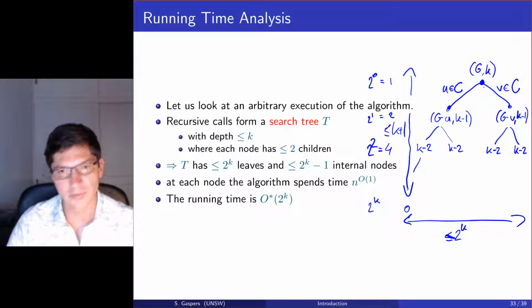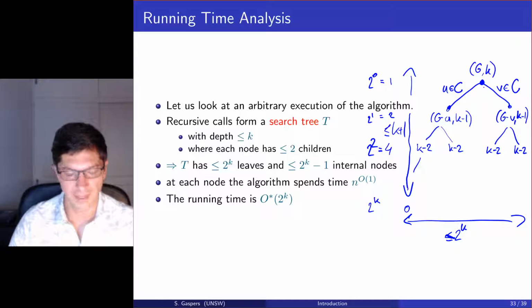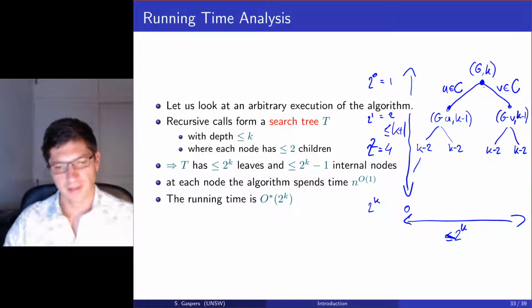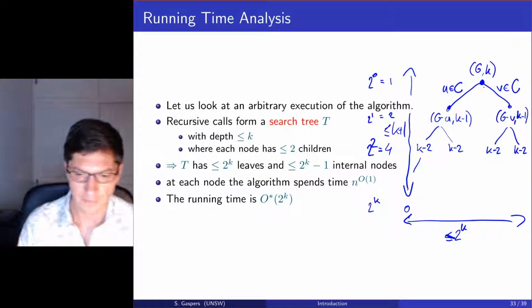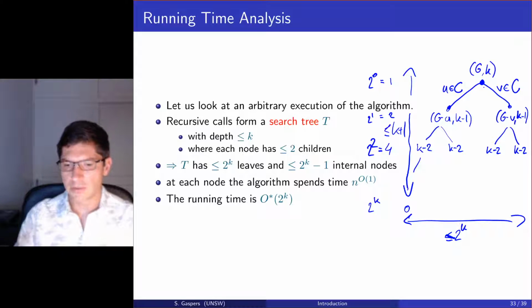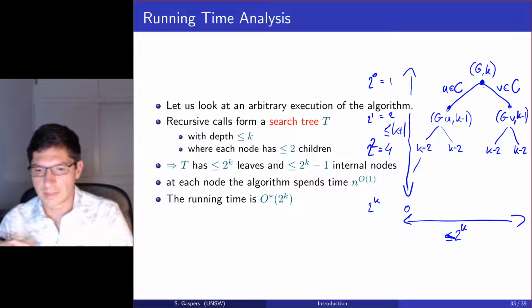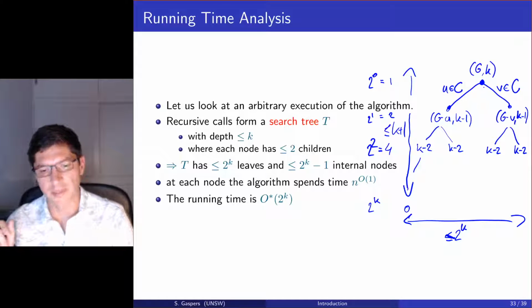We can easily prove this by induction. I'll let you do it. But if we have some number of leaves in a binary tree, then the number of internal nodes is 1 less than that. And then at each node of this tree, the algorithm only spends polynomial time.